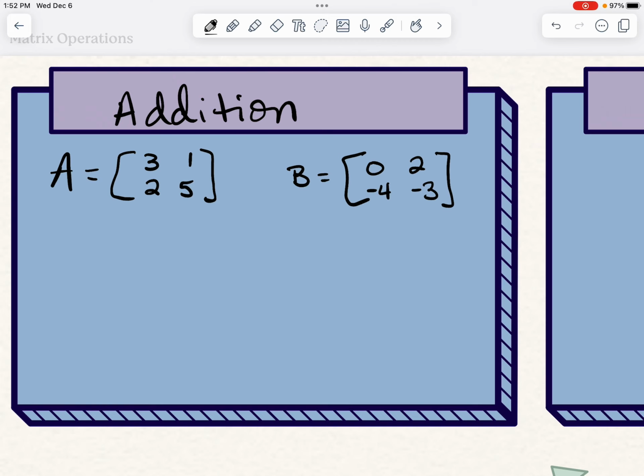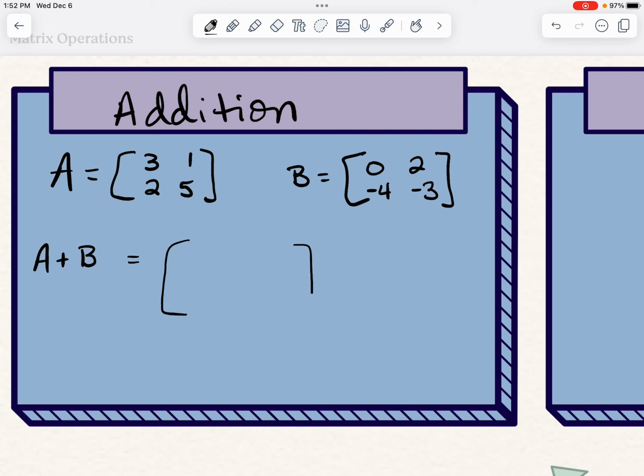For matrix addition, we might be asked to do A plus B. So matrix A plus matrix B, everything in matrix A plus everything in matrix B.